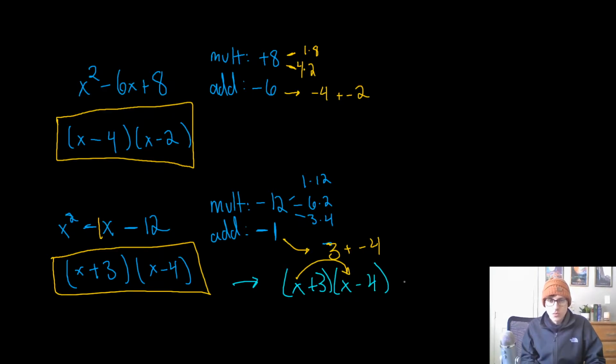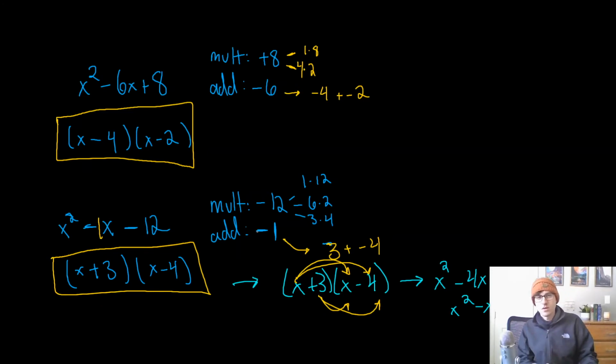I'll write it in blue still. x times negative 4 is minus 4x. 3 times x is 3x. And 3 times negative 4 is negative 12. Combine negative 4x plus 3x is negative x minus 12. And that was my problem that I started with. So it all checks out.